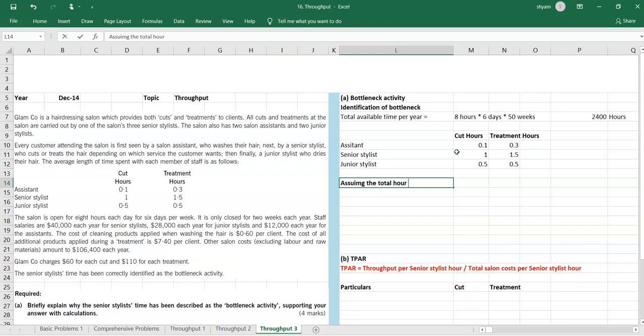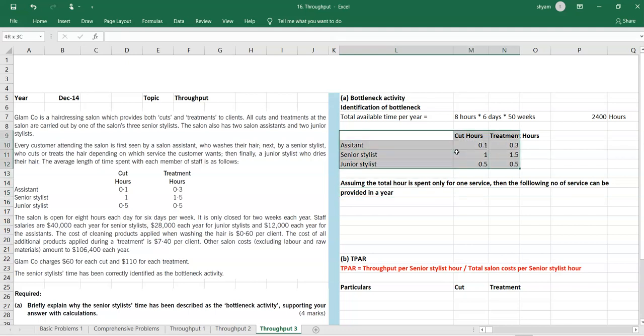total hours are spent only for one service, then the following number of services can be provided in a year.